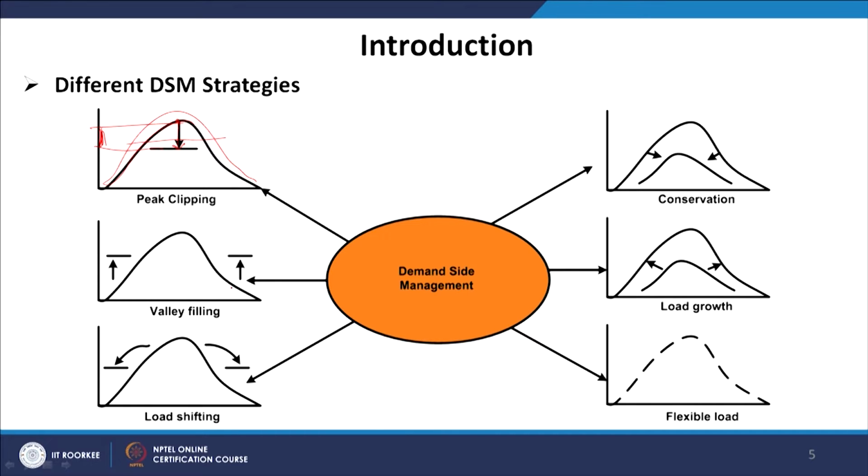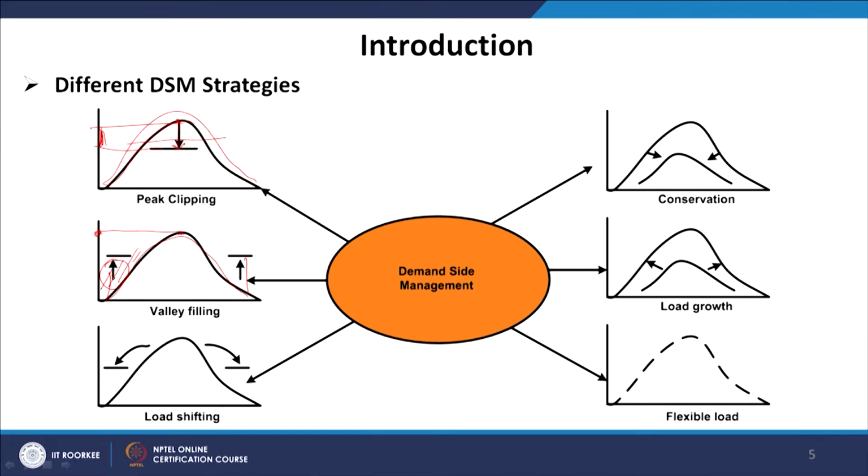Now, in any load characteristic, I need to have installed generation capacity to meet this peak, but even during off-peak hours my generation is sitting idle because the demand is not there. Now, if you can fill this valley, that means you increase your consumption during the off-peak hours, so that indirectly your peak consumption will reduce.